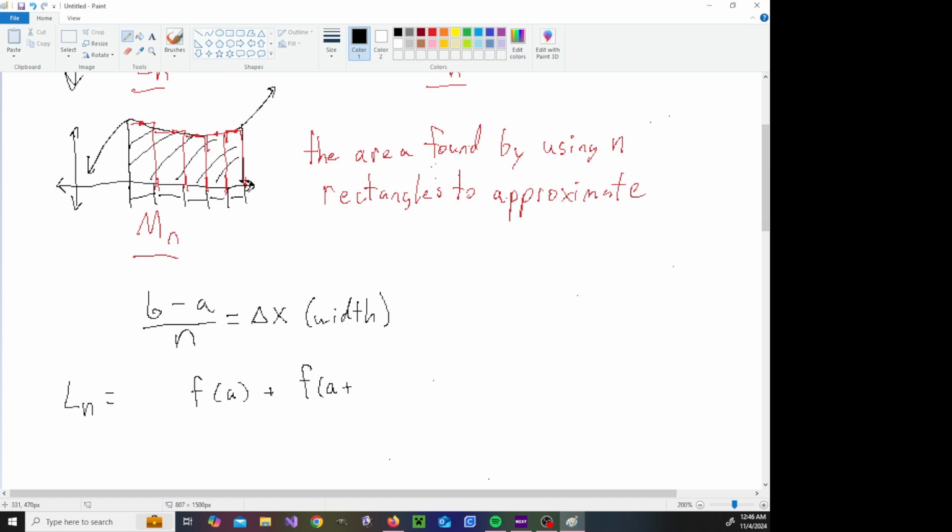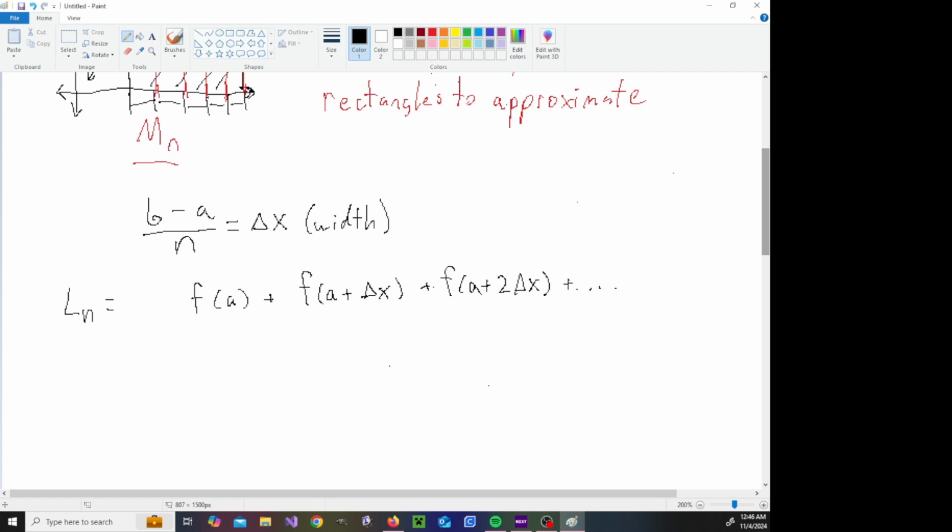Well, A plus delta x. And then I move forward again by another delta x, so this one it's two delta x's, and so on and so forth. So that's how I get the height for each of my left rectangles, but then I want to multiply all of that by the width. And using the distributive property, I don't have to write that by each and every one of my heights. I can just factor that all the way out front.